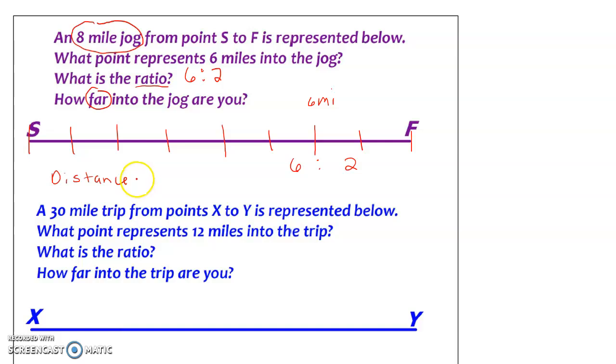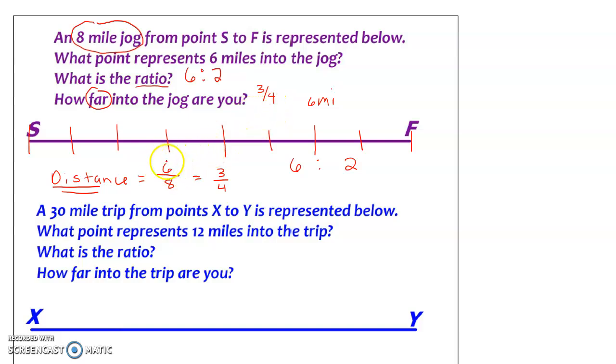My distance is going to be that I have gone 6 out of my 8 lengths, which when simplified is 3/4. So I am 3/4 of the way through the jog. That is my distance. So my ratio was pieces to pieces, and my distance is how far out of the total.